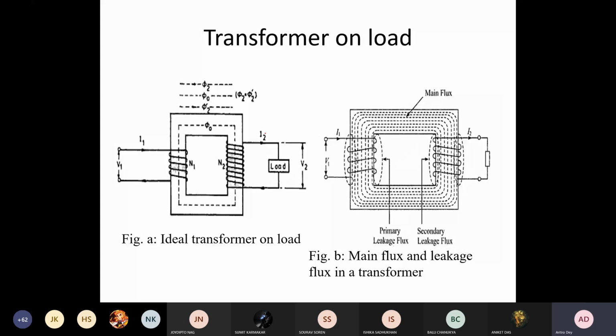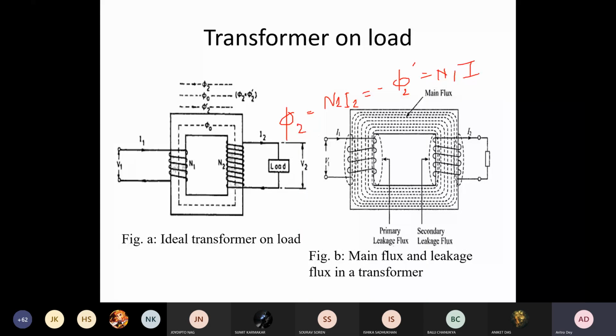So when load is connected, as already discussed here, this is your phi 2. Phi 2 will be equal to N2 into I2. So that should be equal and opposite to phi 1 dash, which is minus phi 2 dash, which is equal to N1 into I2 dash.